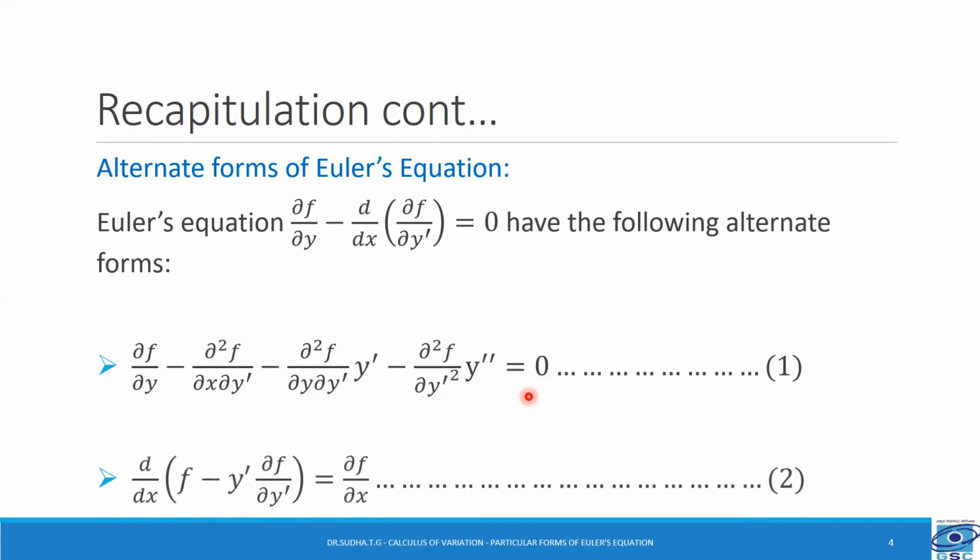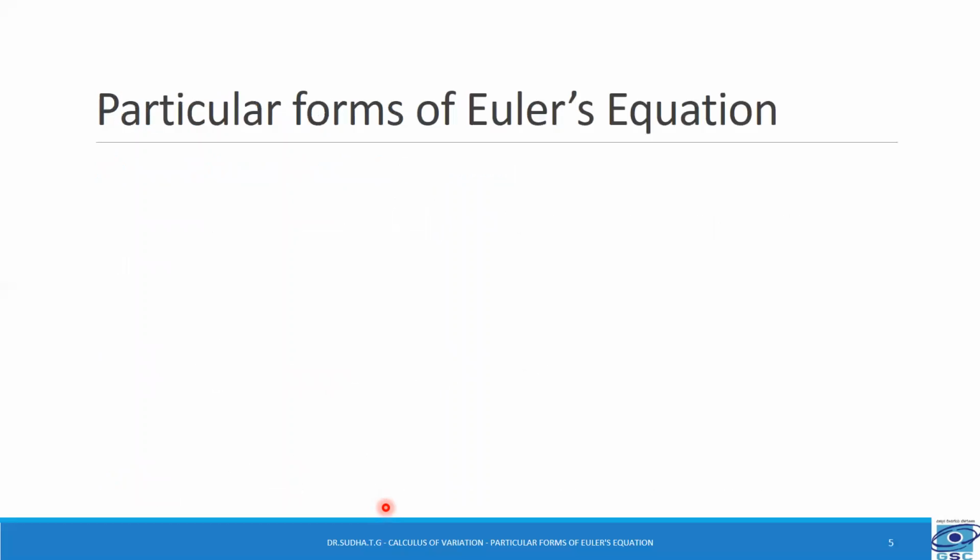The second alternate form is d/dx of f minus y dash into ∂f/∂y dash is equal to ∂f/∂x. We are going to use these two alternate forms to get the particular forms of Euler's equation. In this session, let us see the particular forms of Euler's equation.